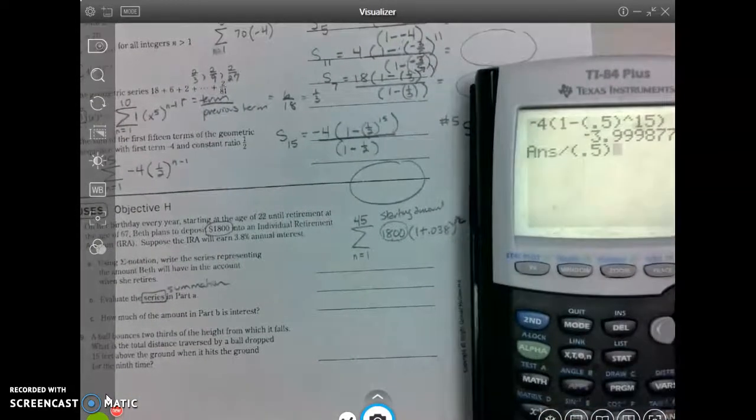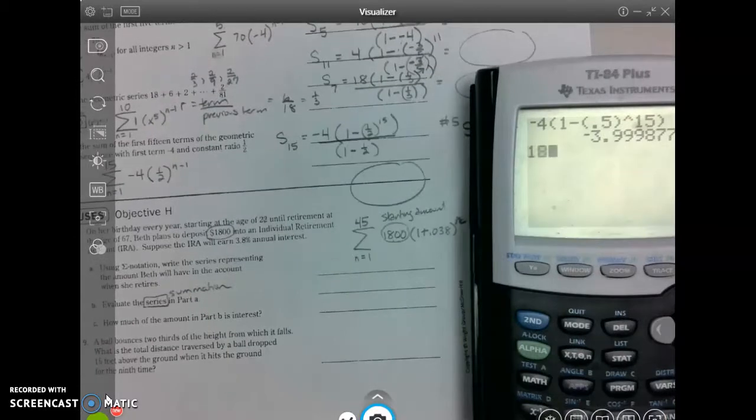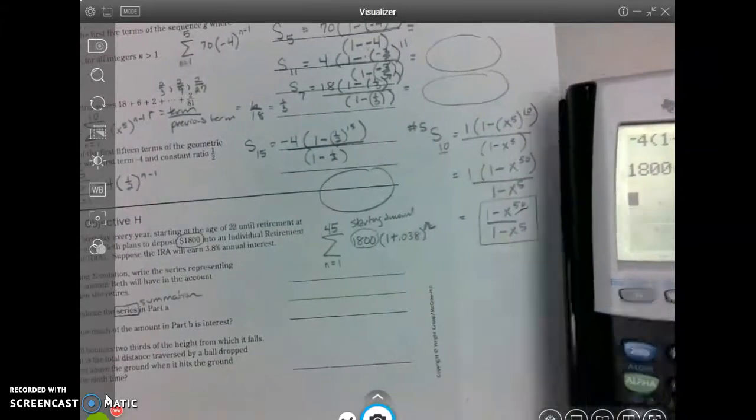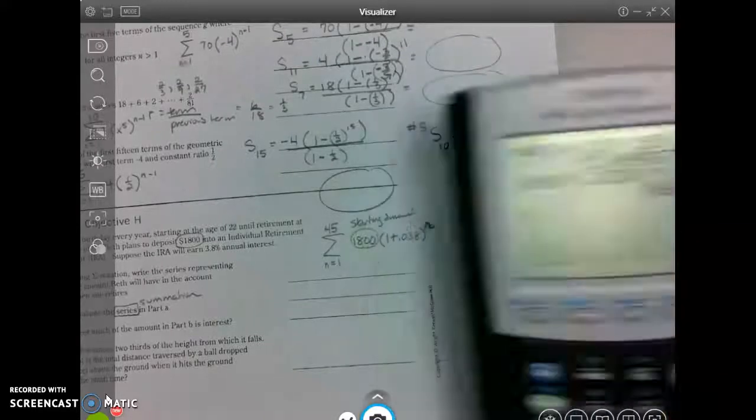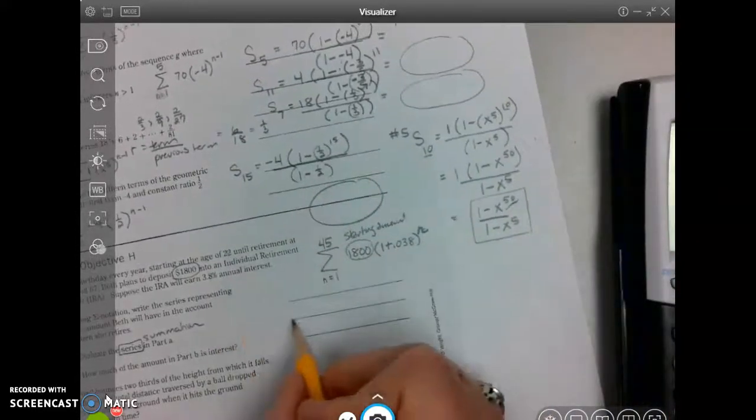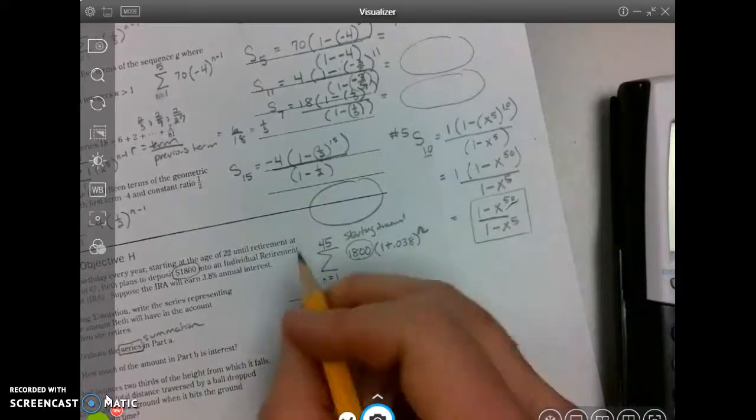So I'm going to use my calculator, 1,800 times 1.038 to the first power after a year. She's going to have $1,868.40. So that's going to be the amount at the end of the first year.